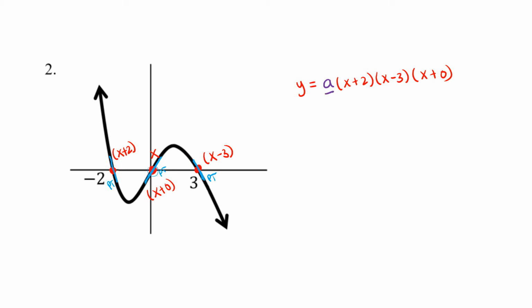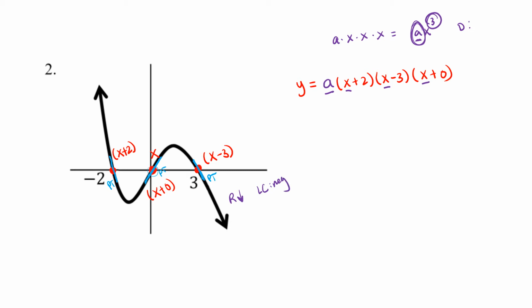So we're going to take that a, multiply it to this x times this last x, which is good because that's giving us a degree of 3, meaning they go in opposite end behaviors, which is perfect. And then we can determine should that a value be positive or negative, because that leading coefficient there tells us what happens on the right side. Since the right side is going down, that means our a is going to be negative, or our leading coefficient is going to be negative.